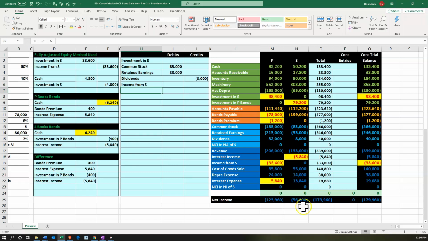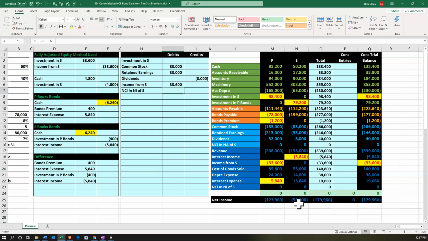That would typically be removed by taking the net income, 56,000, multiplying it times the controlling interest. I'm going to do that here. We don't have any other table that we've used here to change this, so I'm just going to take this times the 60%, and there it is, no problem. Then we're going to take the non-controlling interest in net income, the other portion.